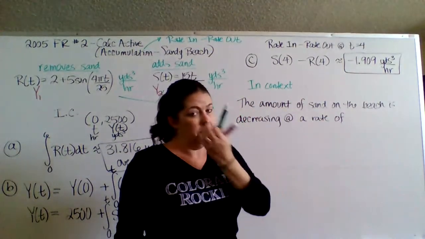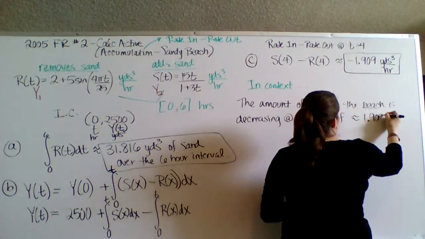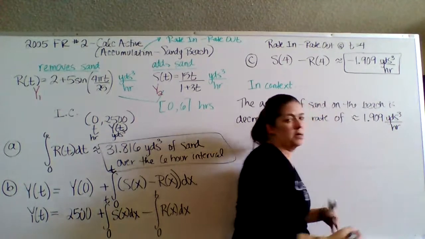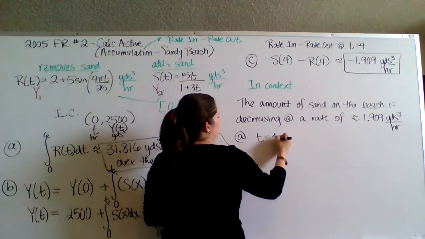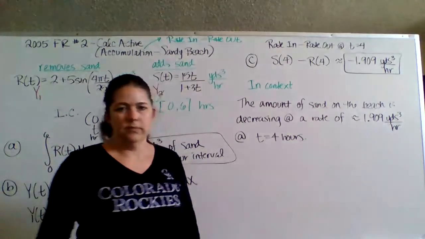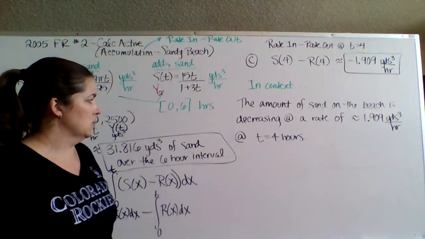We say decreasing at a rate of approximately 1.909. We would definitely have to have cubic yards per hour, the units to match a rate of change, at t equals 4 hours. Or 4 hours into the 0 to 6 hour time frame, or whatever. I would just say at t equals 4 hours.